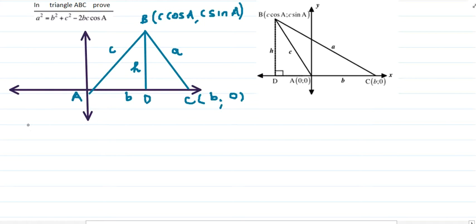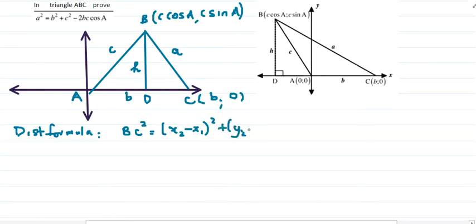We use the distance formula which we learnt in analytical geometry. So by the distance formula, we look at the distance of line BC, and we know that BC squared is equal to x2 minus x1 all squared plus y2 minus y1 all squared.